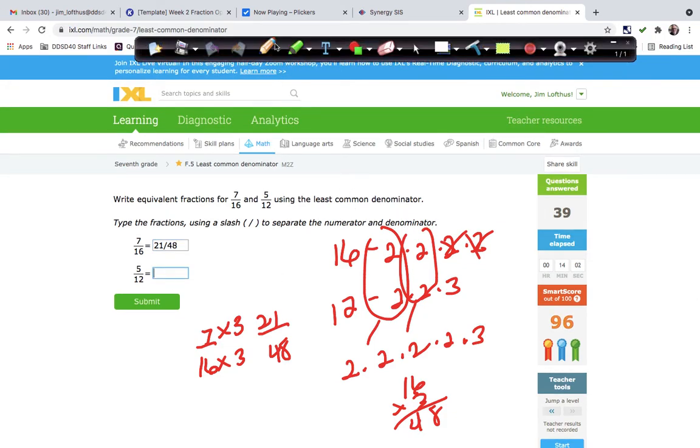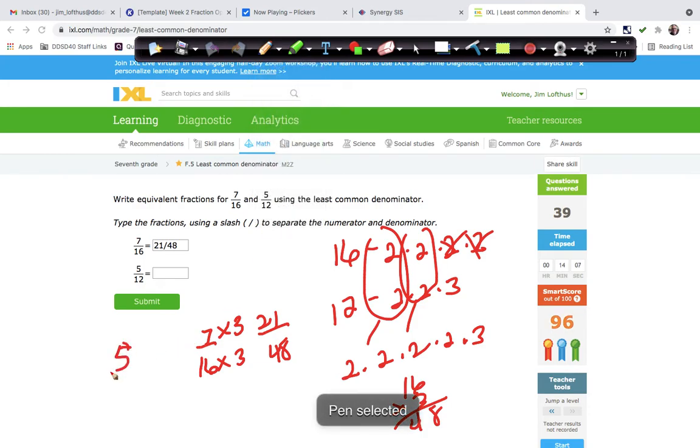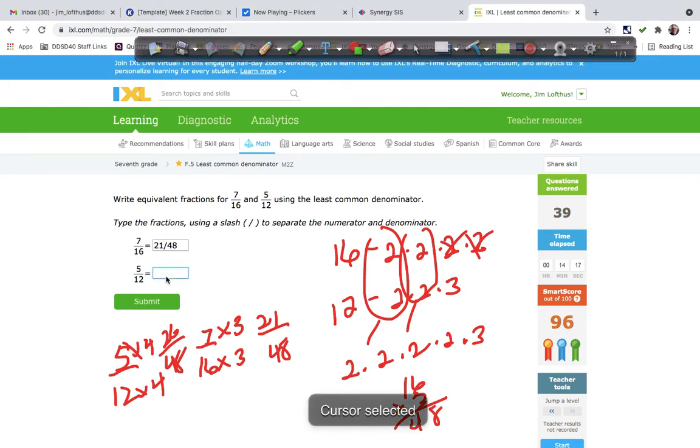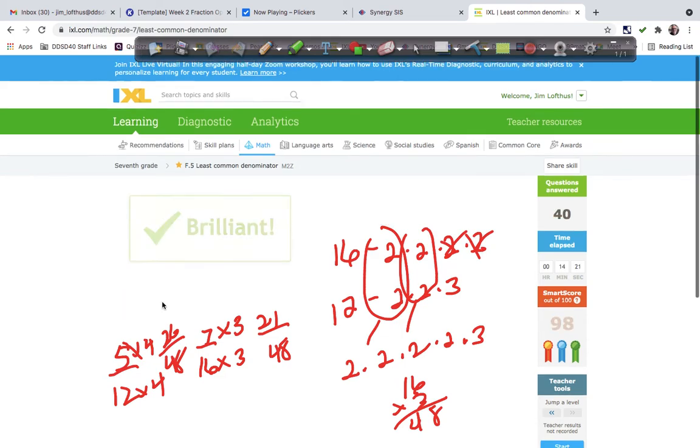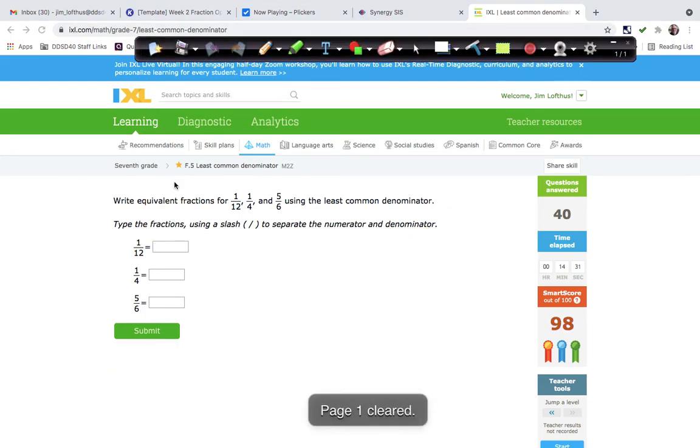And 5/12 is 20/48. And these all go into 12, so let's just put this one and see if we can get one more difficult one.